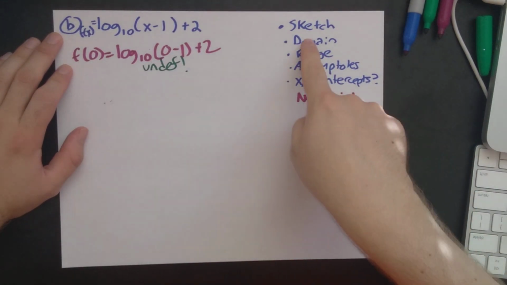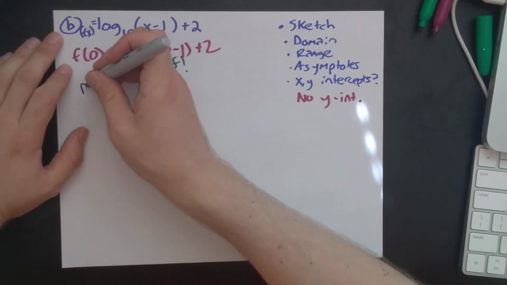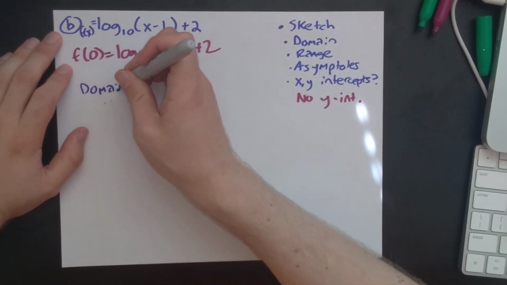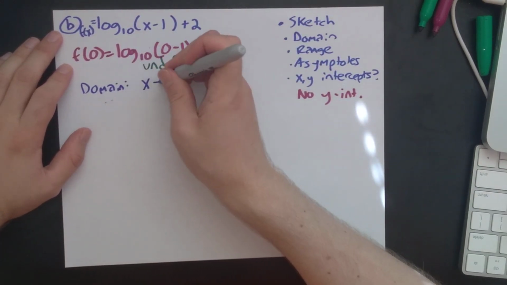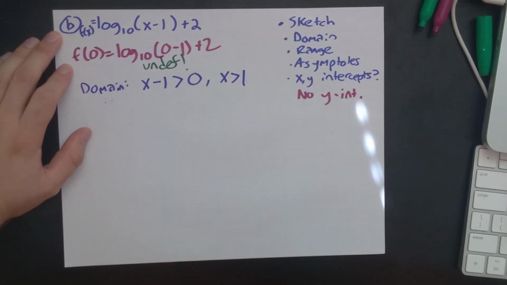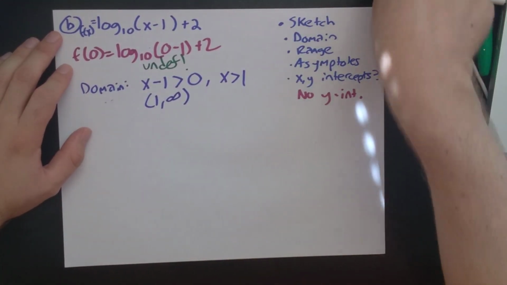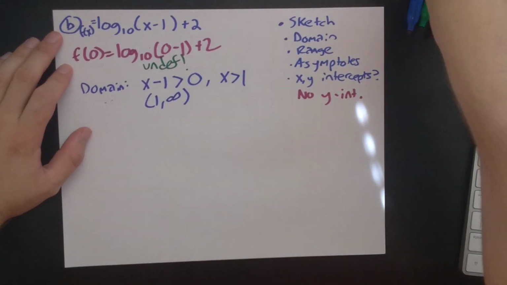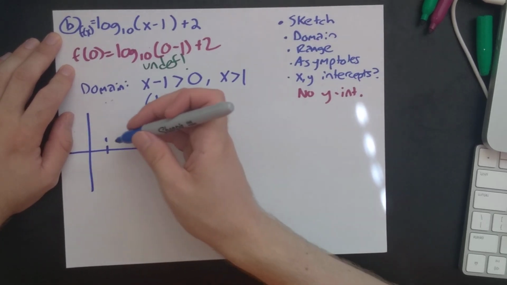And in fact, what is the domain? Here we have to be careful with the domain. We want x minus 1 to be strictly positive. So the domain is x strictly bigger than 1. In interval notation, it's 1 to infinity. So when I draw some axes here, there's 1.